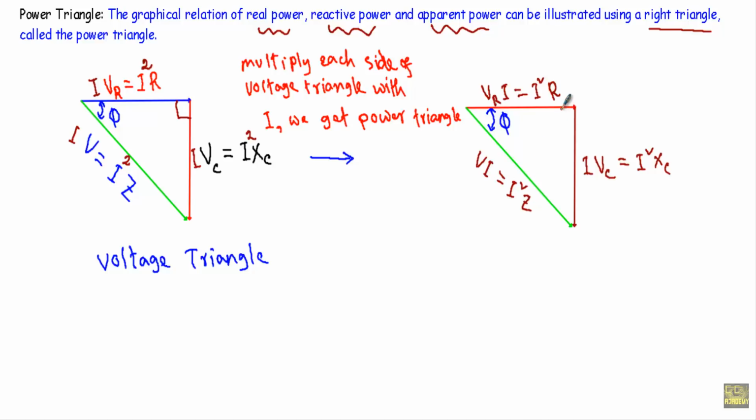Now see, this will be a right triangle. In this direction I am getting VR into I, or I square R. This is known as real or true power. In this direction I will get reactive power, because capacitor is a reactive component, and in this direction I am getting apparent power.